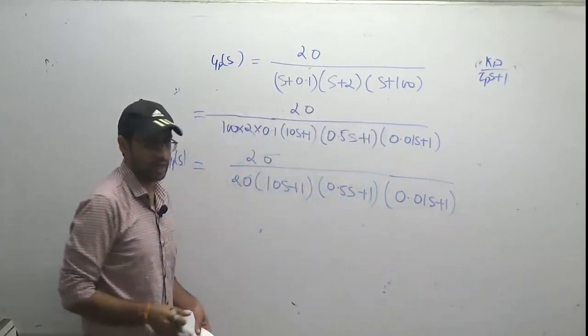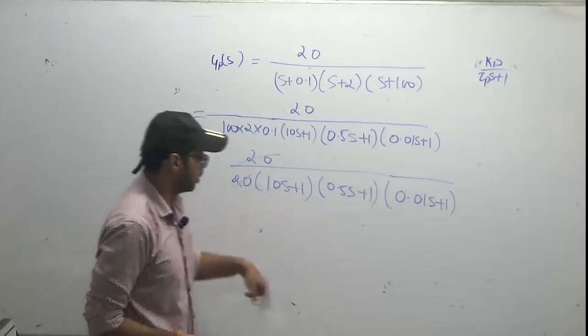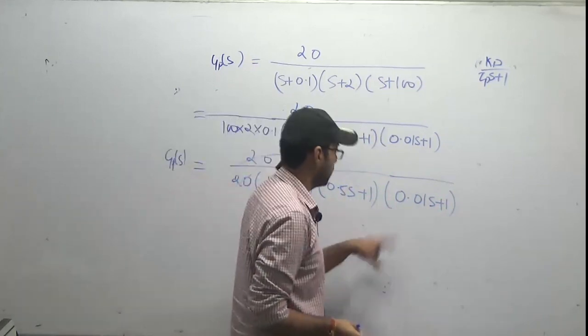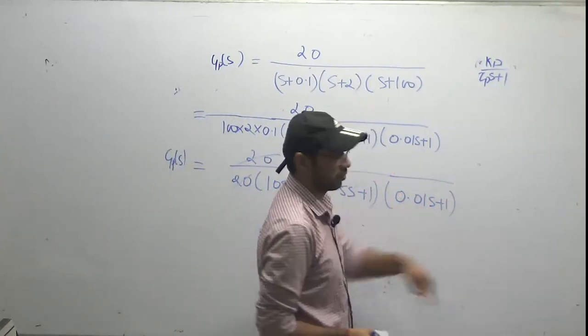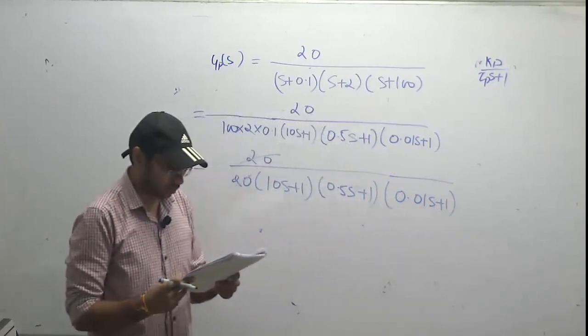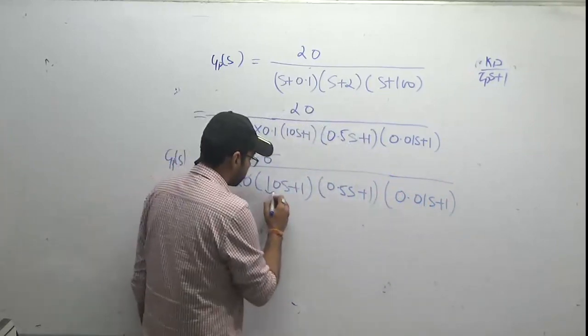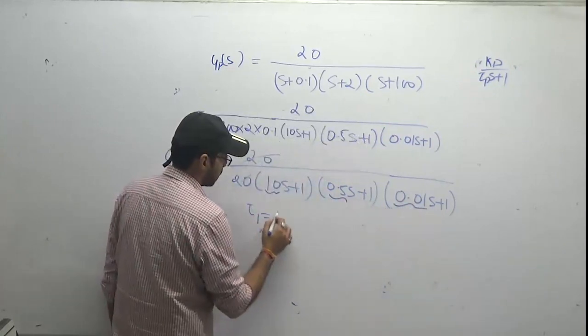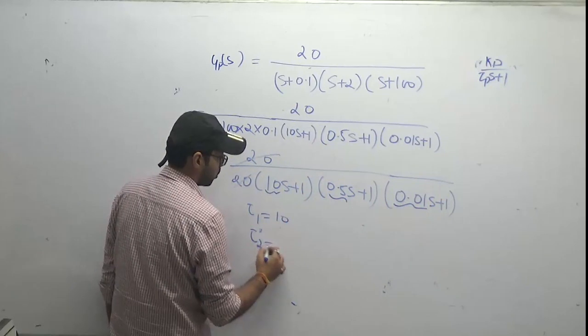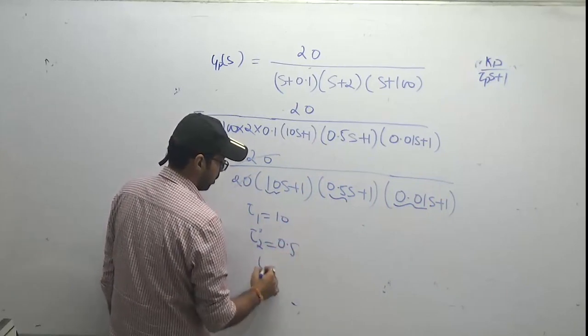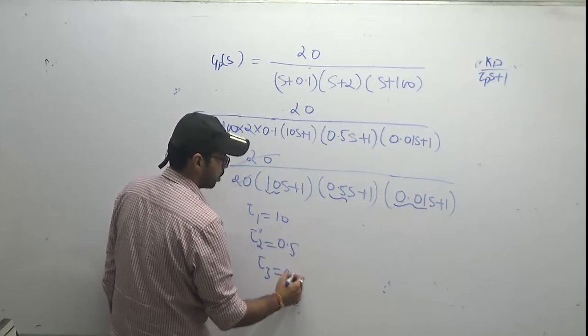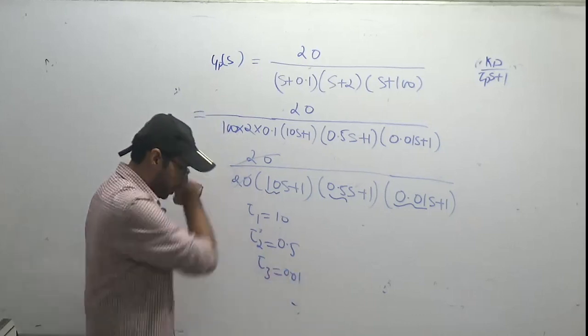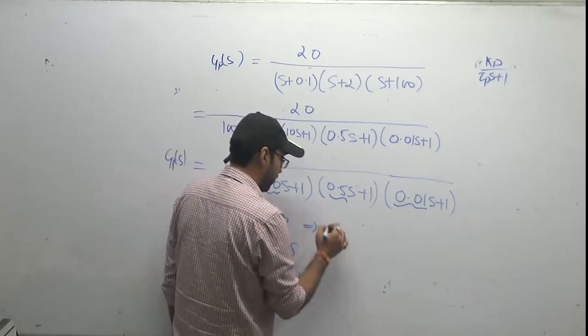This is the transfer function that you are getting, 1 upon 10s plus 1 into 0.5s plus 1 into 0.01s plus 1, right? Now you know what this is: time constants. T1 is equal to 10, T2 is equal to 0.5, T3 is equal to 0.01. So from here you can calculate the frequency.